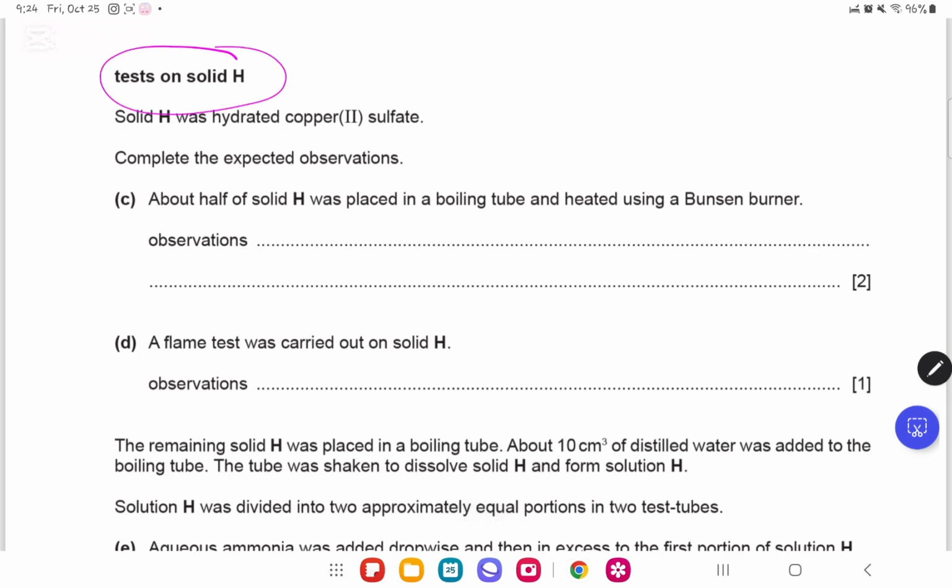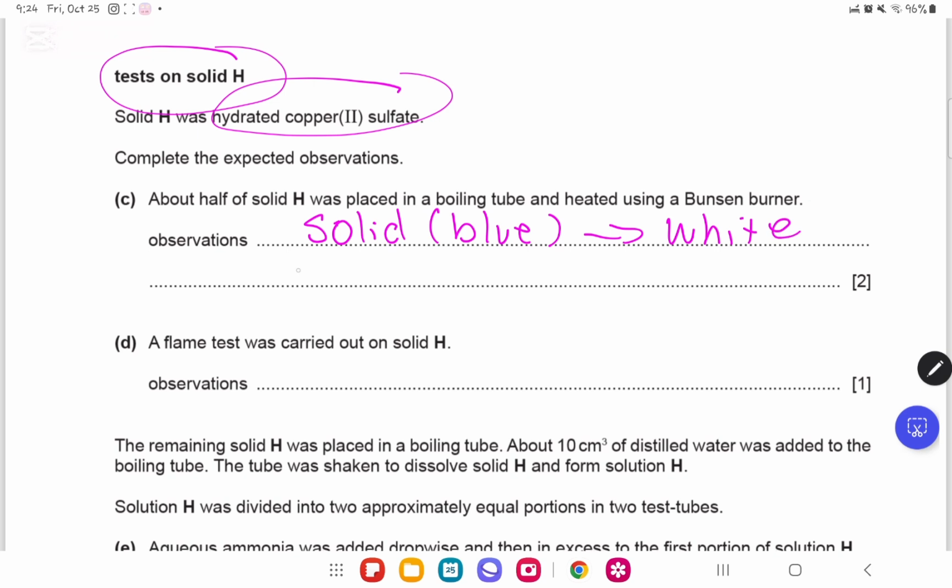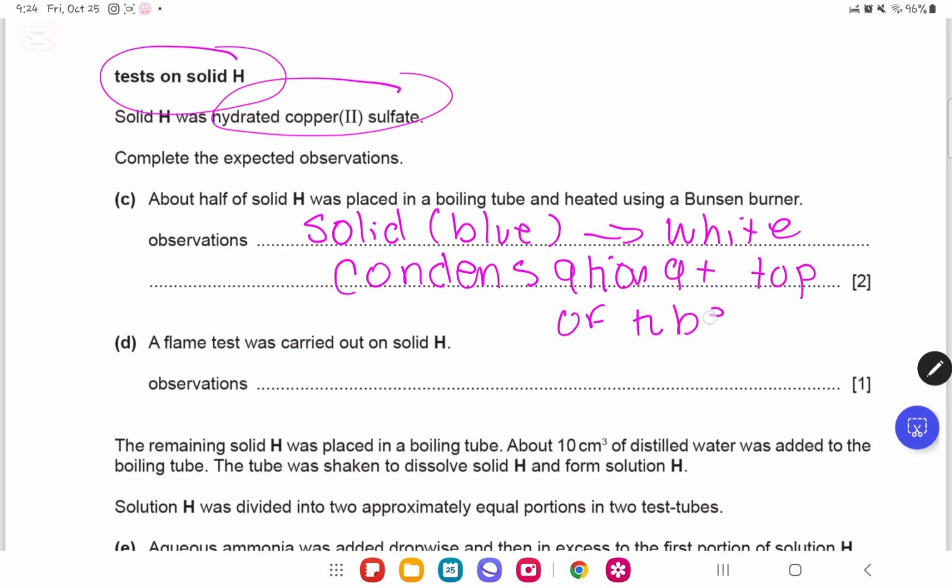And then if we go down now, they did tests on solid H. Solid H was hydrated copper(II) sulfate. These are things you have to remember. About half of solid H was placed in a boiling tube and heated using a Bunsen burner. When you heat hydrated copper sulfate, the solid, which was originally blue, will become white, and there will be condensation at the top of the tube.